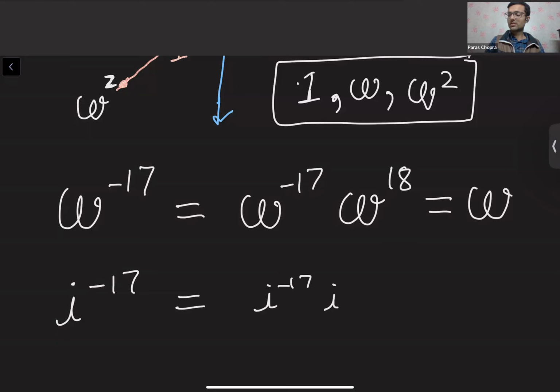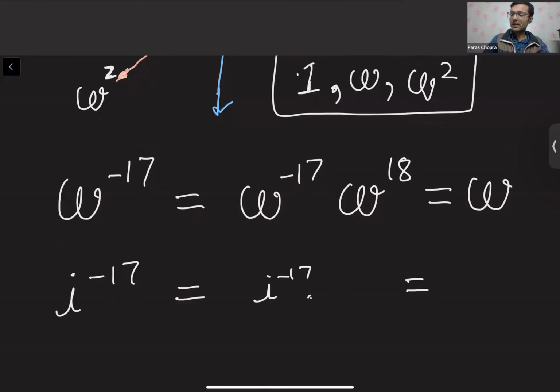So इसका मतलब आंसर क्या होता? एक सेकेंड, आयोटा टू द पावर 18 से मल्टीप्लाई कर सकते हैं नहीं कर सकते? बिकॉज आयोटा टू द पावर 18 तो -1 होता है. किसी भी चीज को आप -1 से मल्टीप्लाई नहीं कर सकते ना, सिर्फ +1 से कर सकते. सो इसको आप आयोटा टू द पावर 20 से मल्टीप्लाई कर सकते हो, या आयोटा टू द पावर 16 से कर सकते हो.